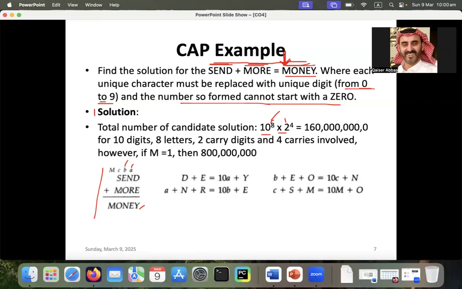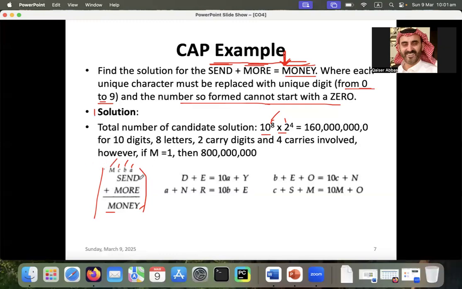Similarly, S plus M plus C is equal to 10 times the carry plus O, and the carry goes next. Finally, whatever carry you have here, you write it here. This is the equation for the normal addition in mathematics.